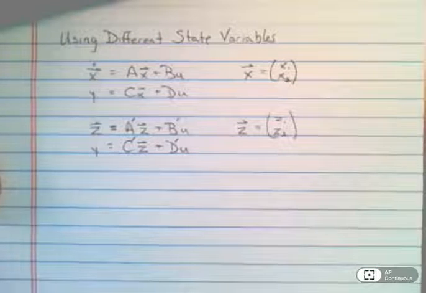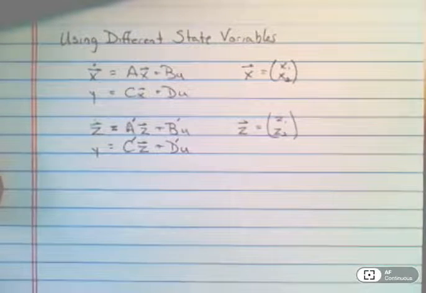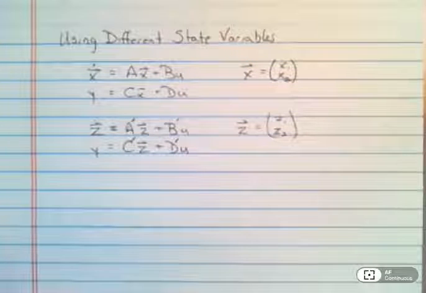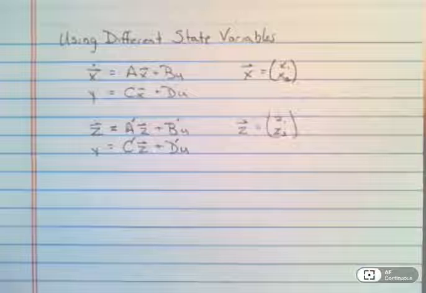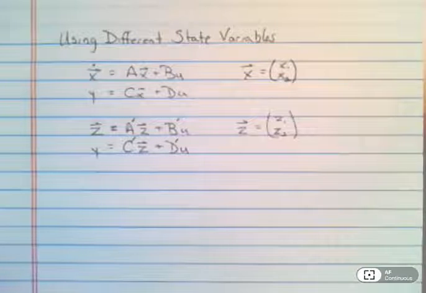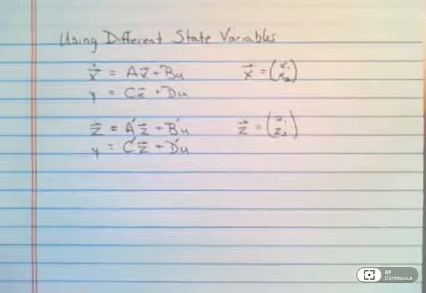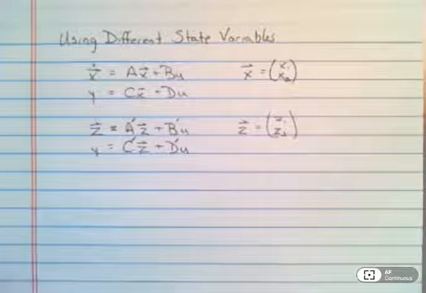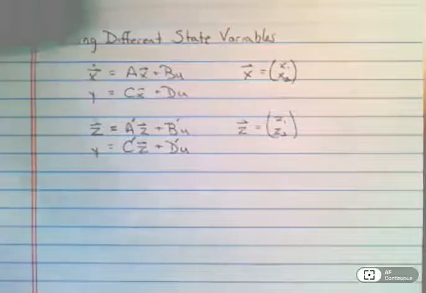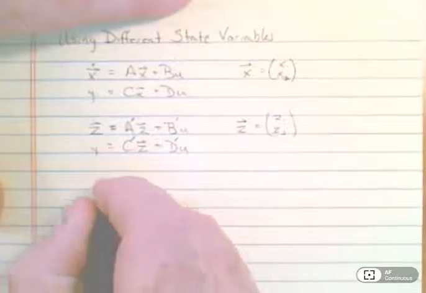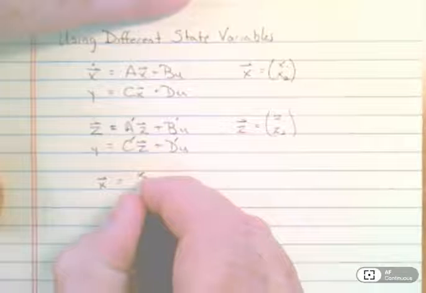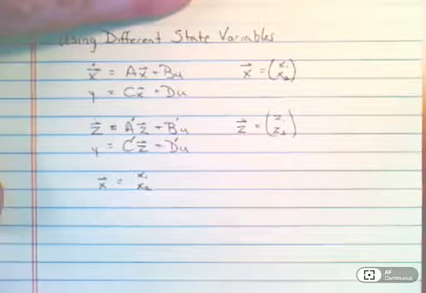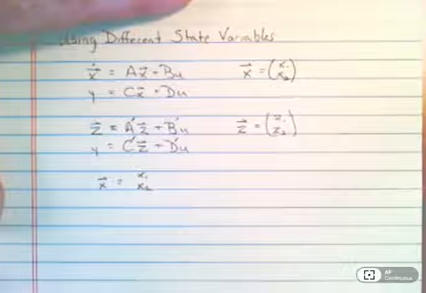Now, it's possible for us to figure out what the relationship is between our state variables, and if we can do that, then we can write each of our state variables as a linear combination of the other person's state variables. Let's assume that I can take my state vector x, which is x1 and x2, and write each of x1 and x2 as a linear combination of your state variables.